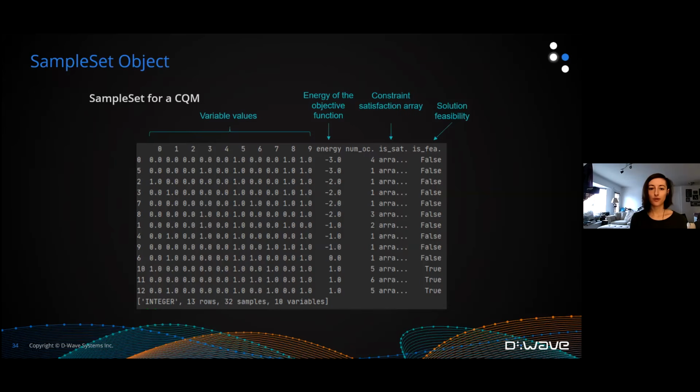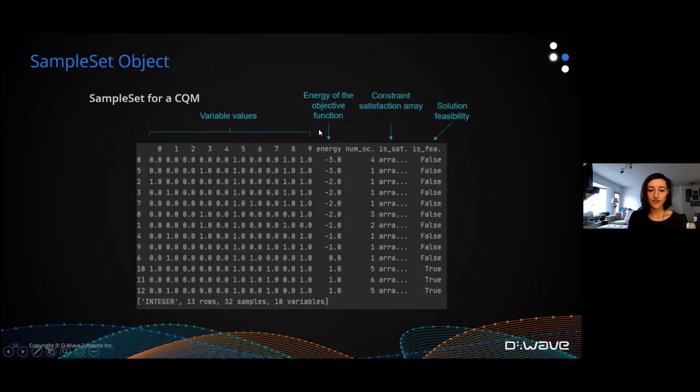And for those of you who've used D-Wave before, you should be familiar with this. A sample set contains the values of all of the variables for each sample. So in this image here, each row corresponds to one sample. And this example here just uses 10 variables, just so everything would fit in the image.